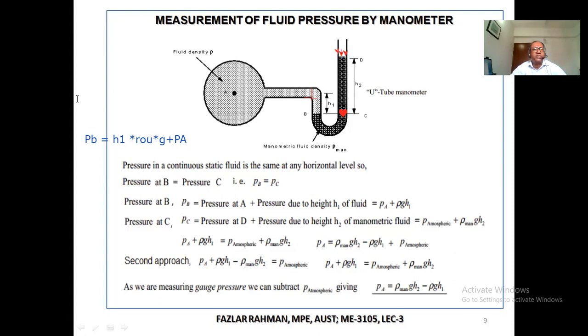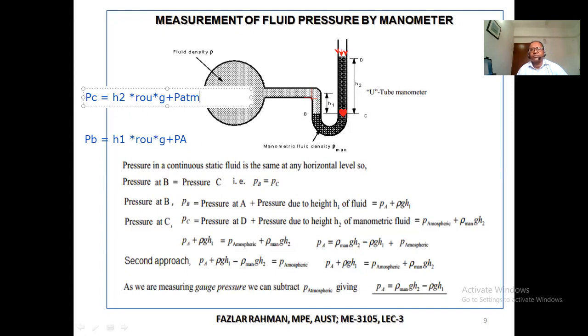So PC equals, what is the height over here? H rho g, right? So I say H2 rho g plus P atmospheric pressure.